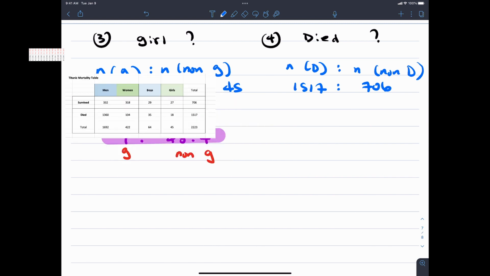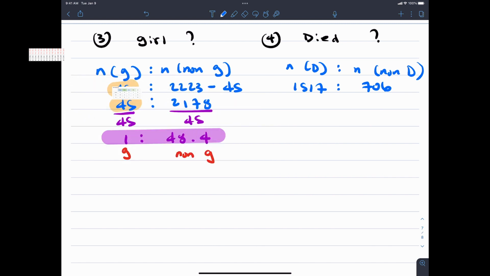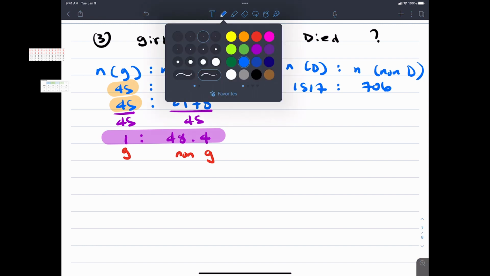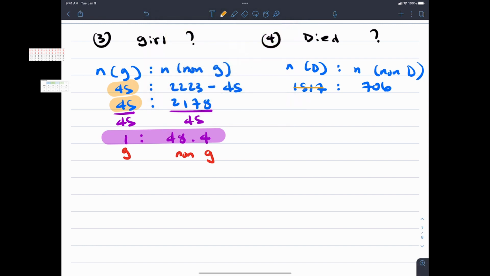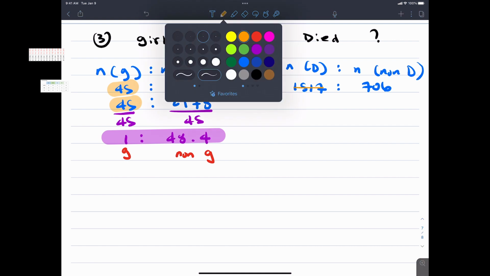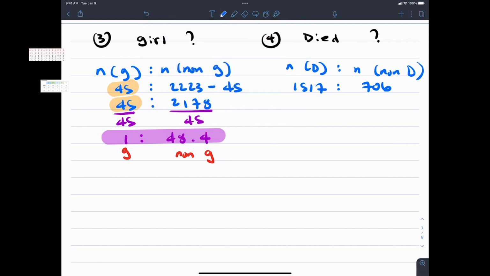So let's unitize, because like I said, you want to really put it in perspective. So we're going to divide by that first number again. So when we unitize, it becomes 1, 2. Now, 706 over 1517, that's going to be another decimal. It's not even a whole number, but that's fine.